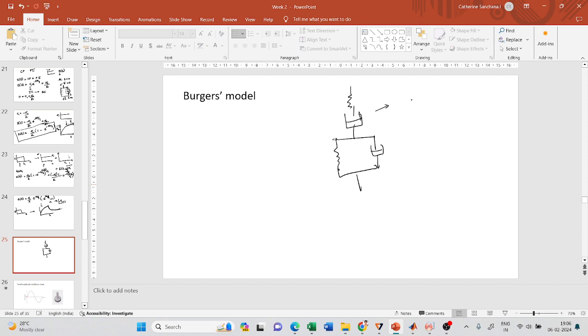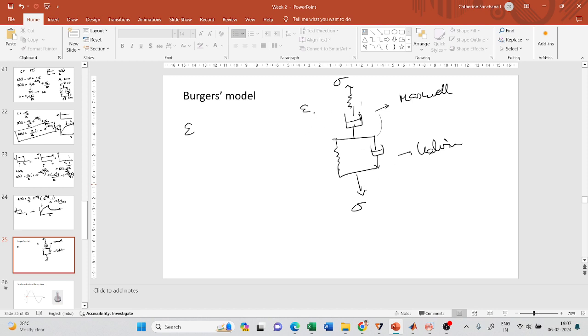So this is nothing but a Maxwell model plus a Kelvin model. How will you find the constitutive equation for this? When I subject it to a stress of sigma, there will be a deformation in this model, and it will be a summation of the contributions from the spring, from this dashpot, and from this entire element.